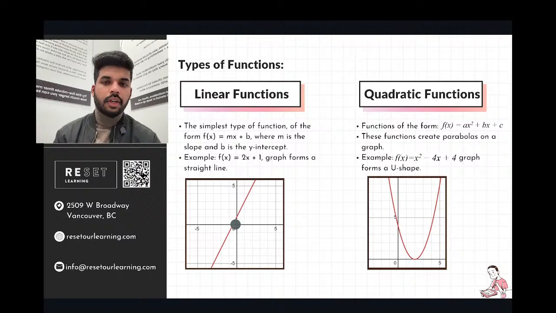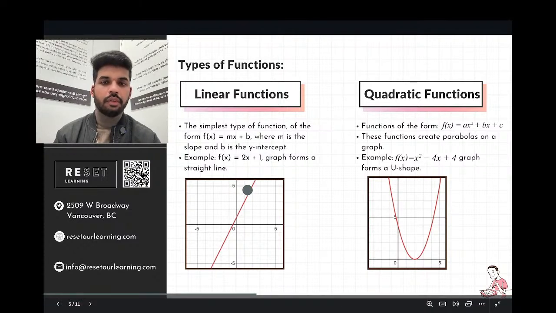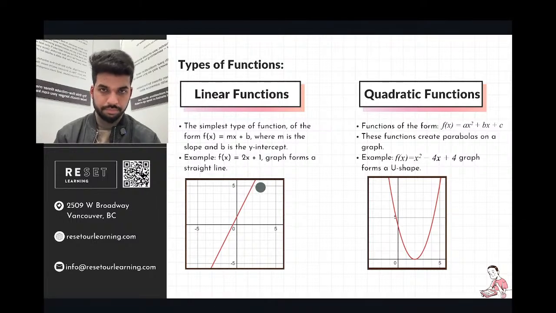For example, if my x increases from 2 to 3, how much does my y change? That's going to be your slope, especially in this linear function. It's going to be uniform for the entire line. That's your slope, and the y-intercept is basically the value where x equals 0.